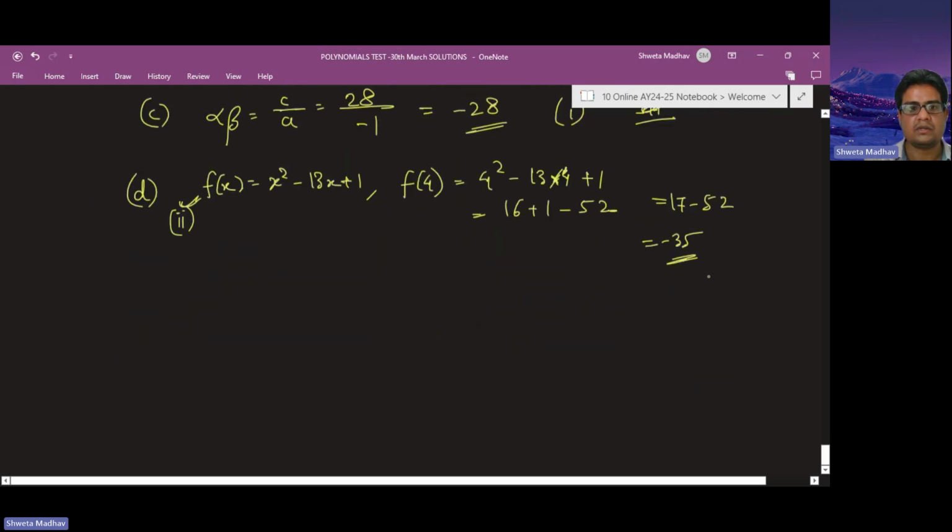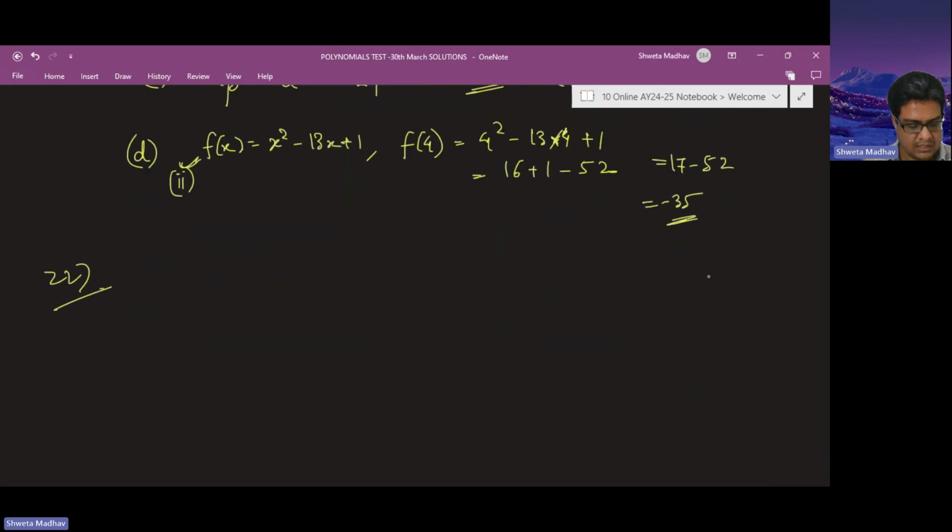Then in question number 22, it has been told that in a pool at an aquarium, a dolphin jumps out of the water traveling at 20 centimeter per second.